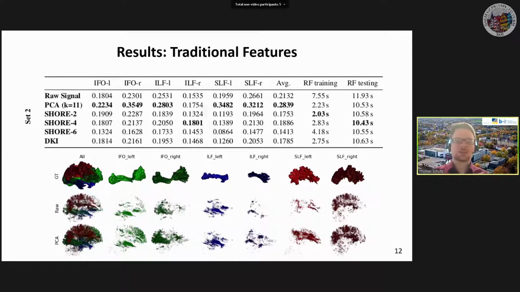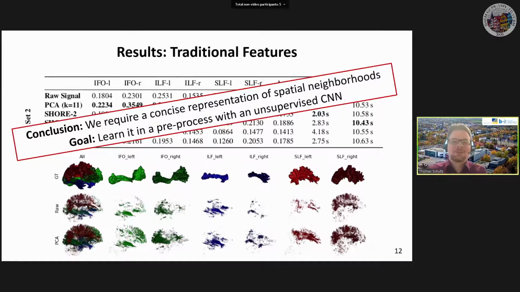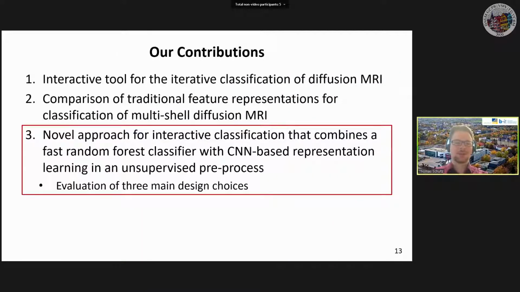So how to do this? This is actually one of the strengths of convolutional neural networks. They are very good at learning representations that also account for spatial context. But how can we use them in a way that the training itself remains interactive? This is now the main challenge for the remainder of this talk.